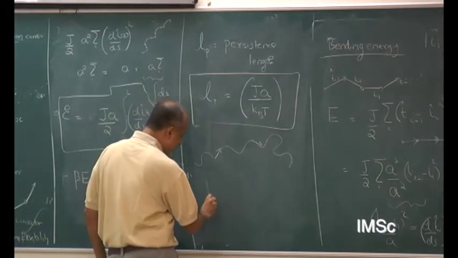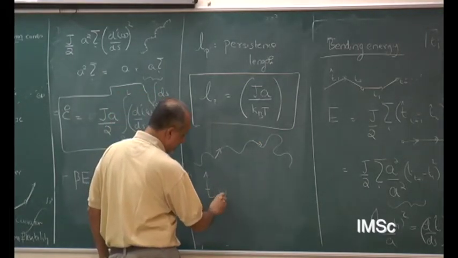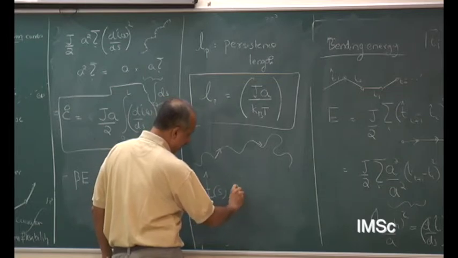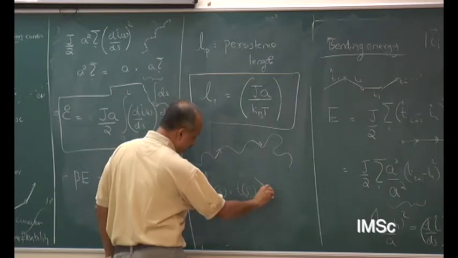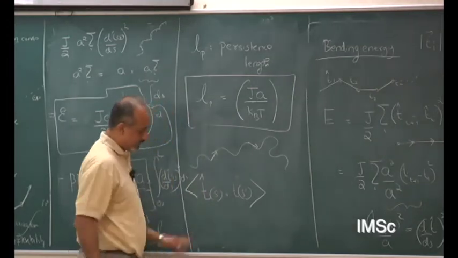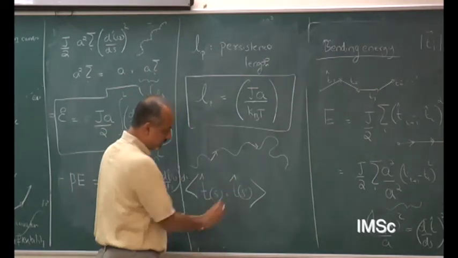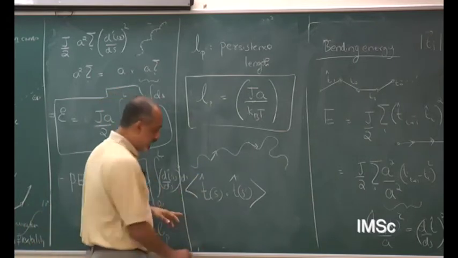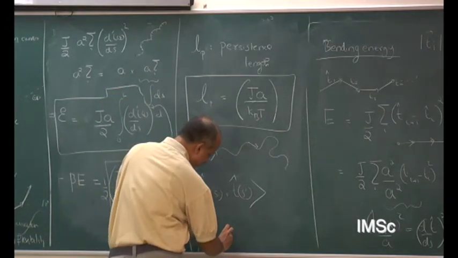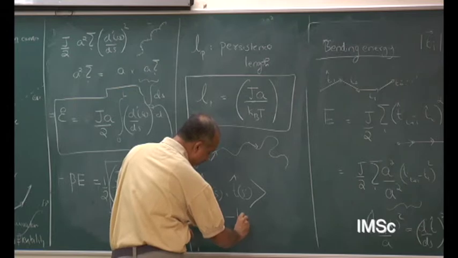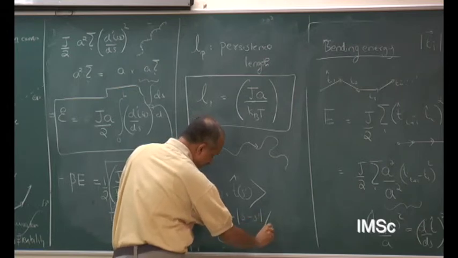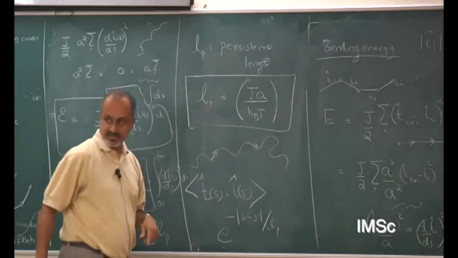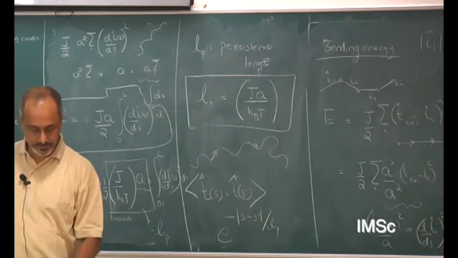So suppose I look at T(S) dot T(S') and I can calculate this particular quantity. How does this behave as a function of S and S'? The answer is that this behaves as exponential of minus mod S minus S' divided by the persistence length.